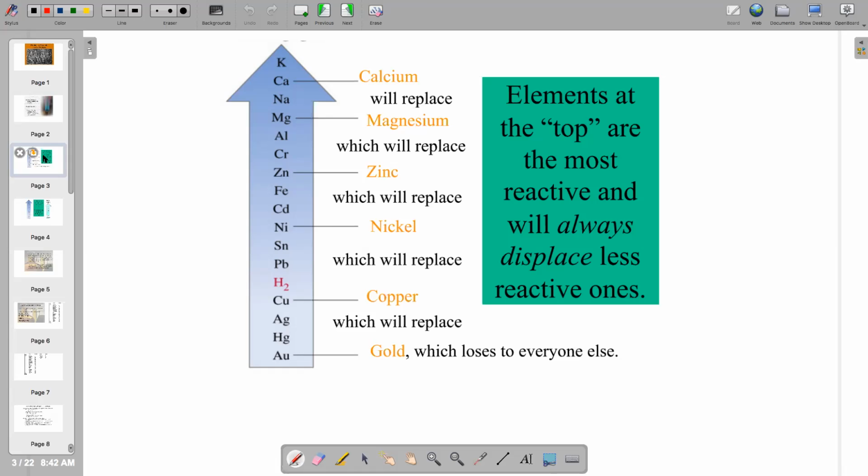So how this activity series relates to predicting whether or not reactions take place is you look at the position of the metals relative to each other, and if a metal is above another metal, it's more reactive and will replace a metal in a compound. And it's the same thing with, on the activity series chart on paper, it also has a list of nonmetals: fluorine, chlorine, bromine, and iodine.